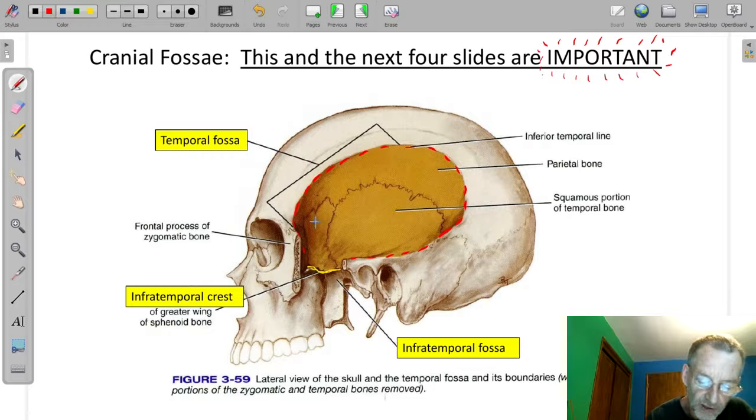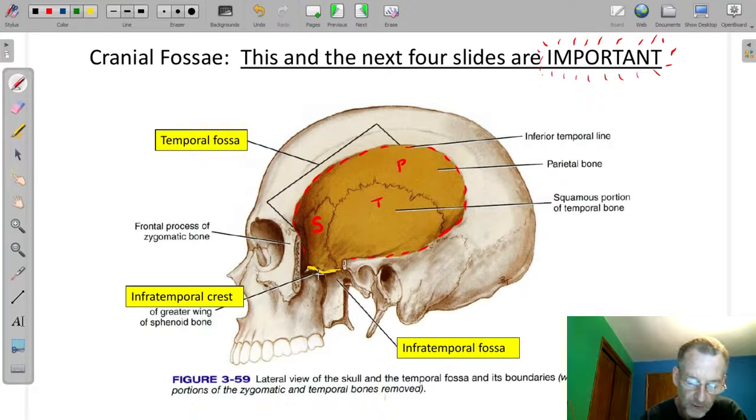So this bone that you're looking at here is the sphenoid bone, and then we have again the parietal and the temporal bone. But the infratemporal crest is part of the sphenoid. It forms a little ridge, and it separates the temporal fossa from the infratemporal fossa, which is below it.